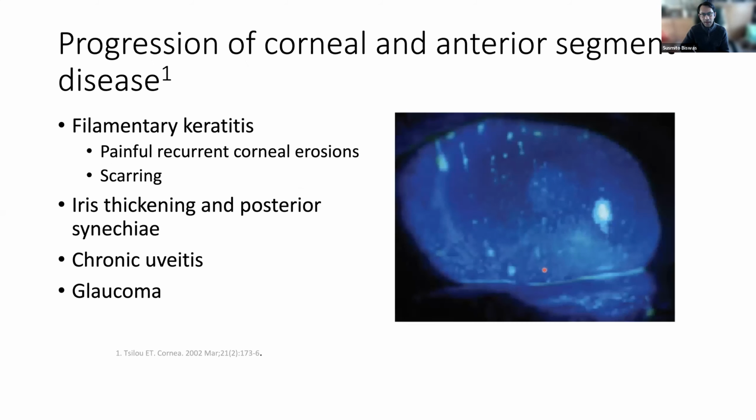So in terms of what happens to the cornea as a result of increasing crystal deposition, this results in increasing damage to the ocular surface, and it can result in some deposition of mucous filaments. This is a filamentary keratitis, so these little blobs here are mucous strands, which can result in recurrent erosions of the cornea.